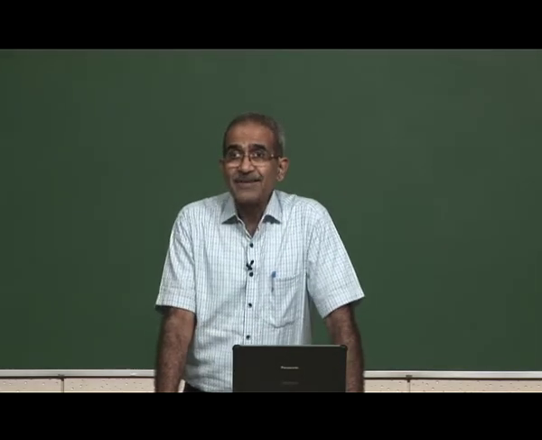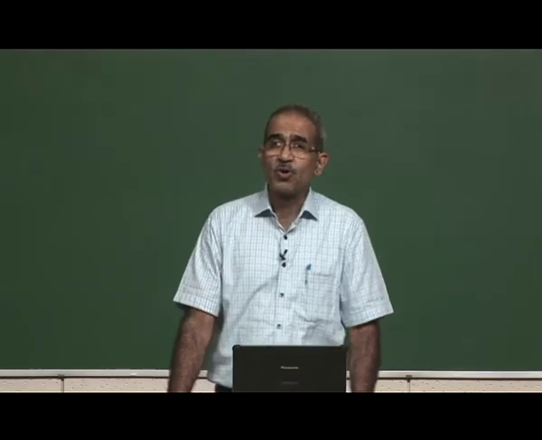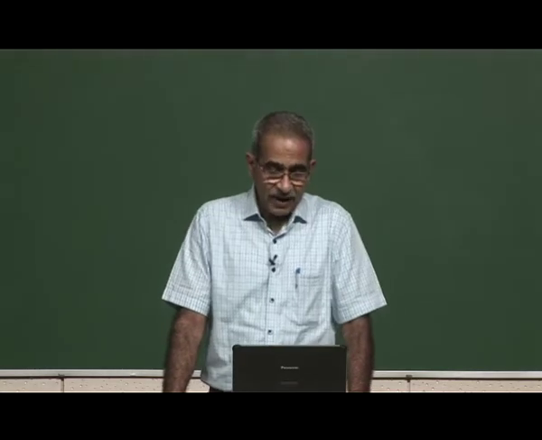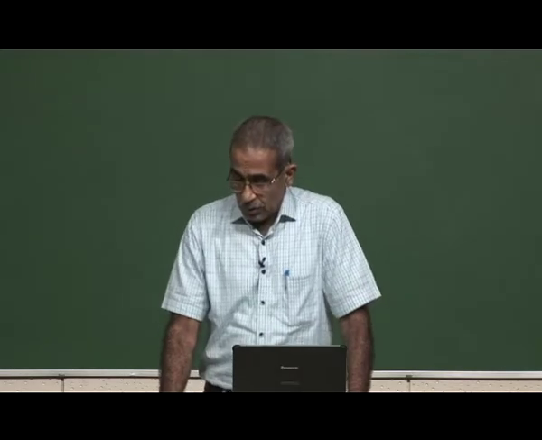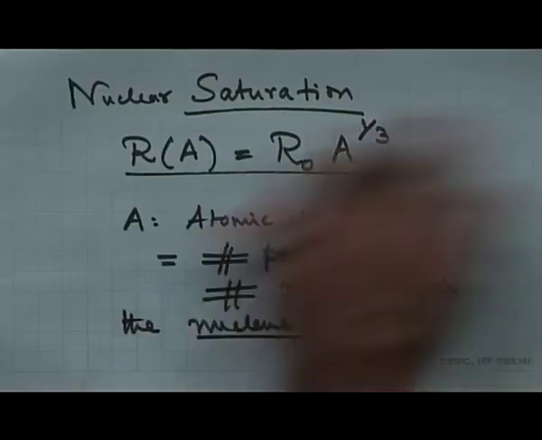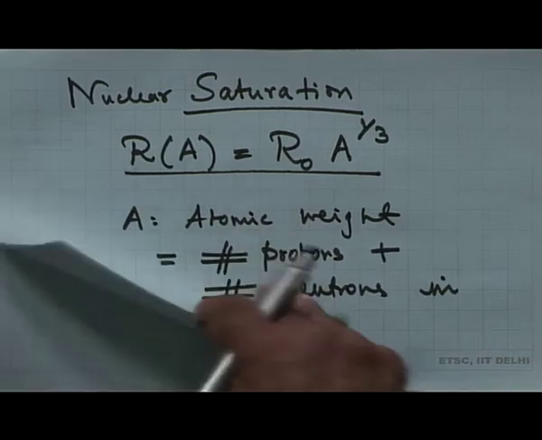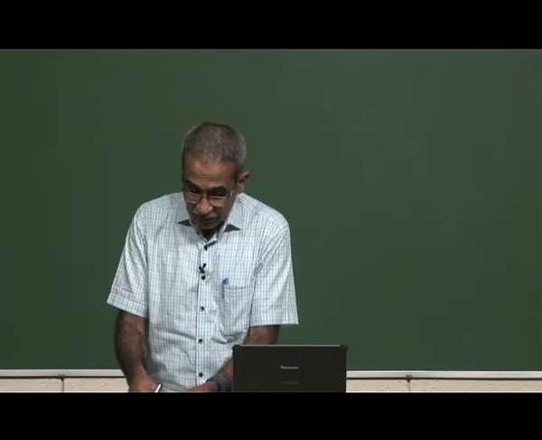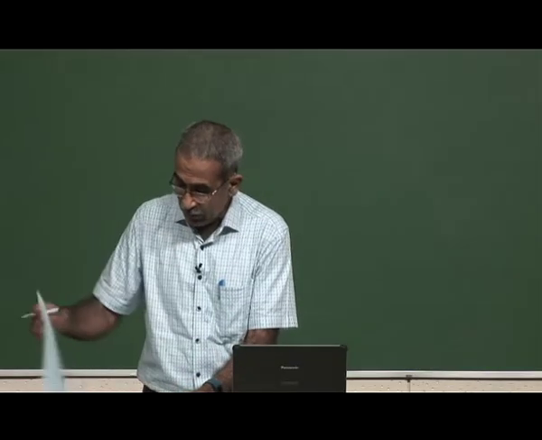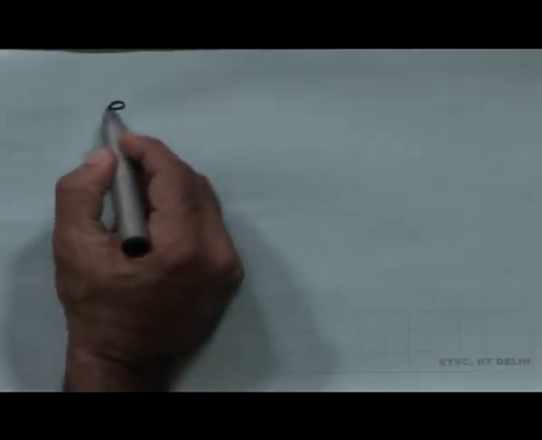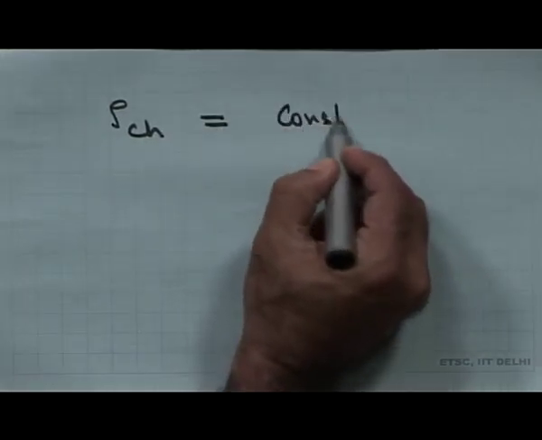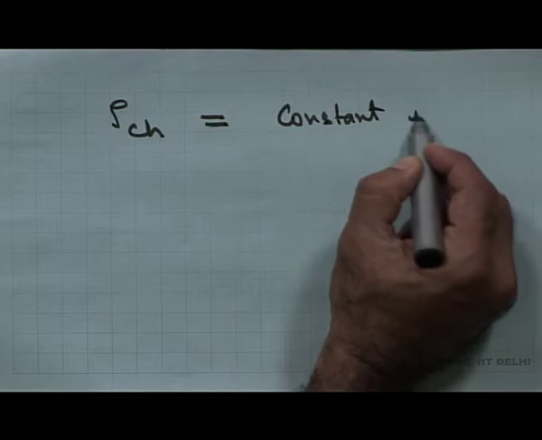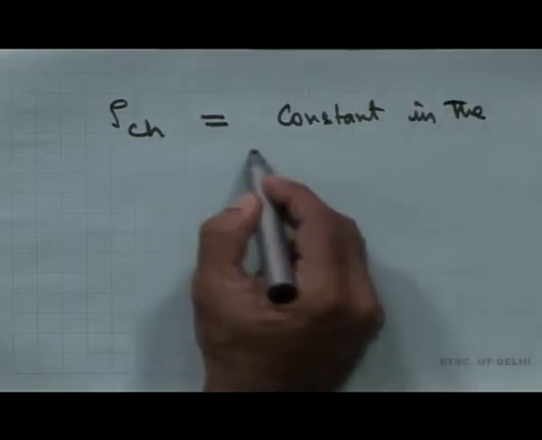So if you know about the size, then the next question is to know what the masses are and what the stabilities are. To put it in a very simple way, if you do not want to get into too much complication, you can immediately extract what the mass dependence should be as a function of A. What are we going to assume? We are going to assume that the charge distribution is a constant in the nuclear volume.